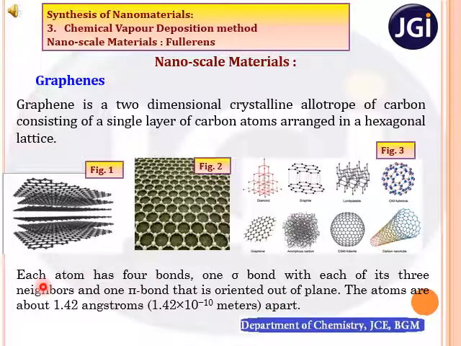So in graphene, each carbon atom forms 4 bonds, out of which 3 are sigma bonds and 1 is a pi bond. Each carbon atom is connected with 3 other carbon atoms by sigma bonds. The pi bond is out of the plane, whereas the sigma bonds are in the plane.